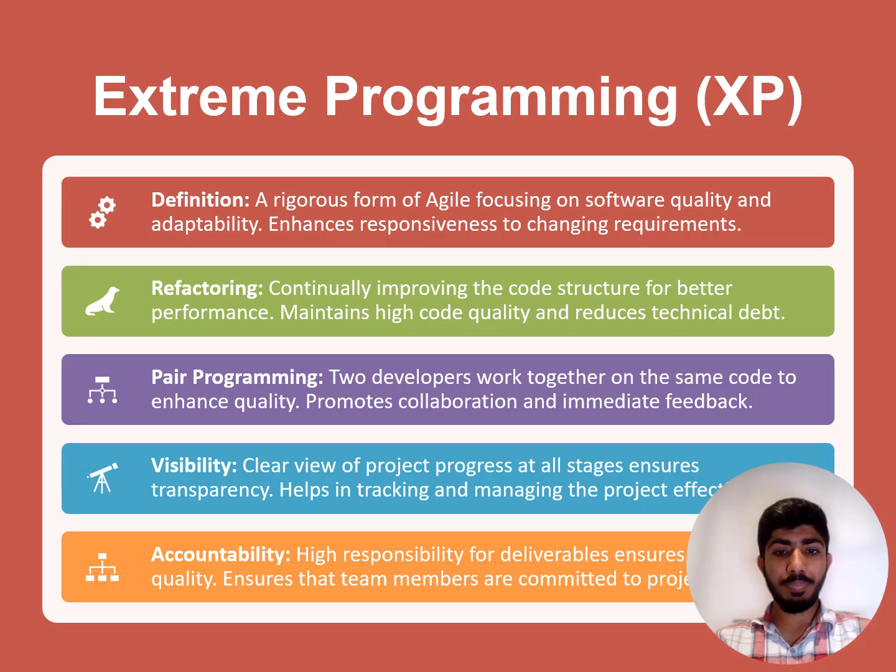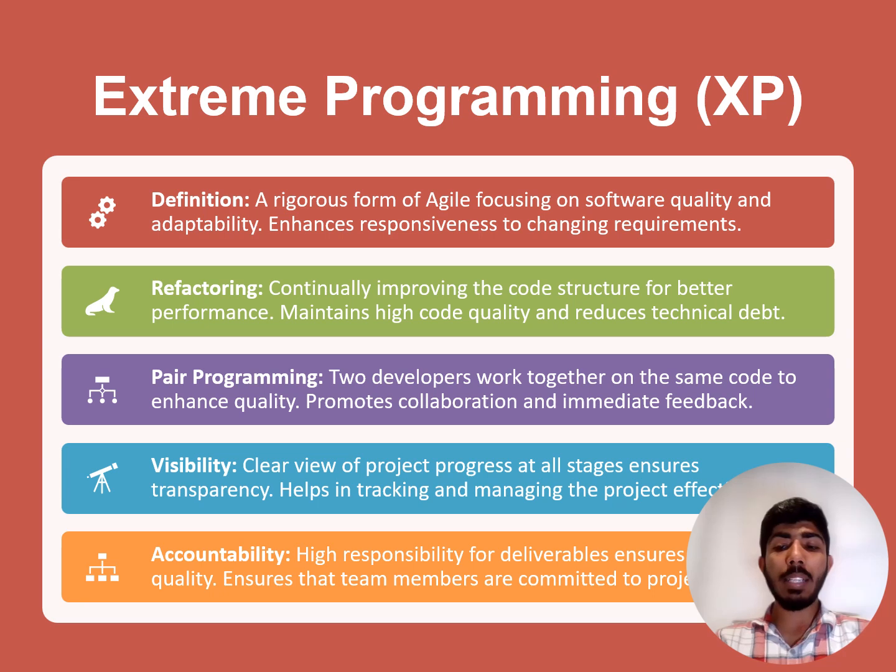Let's talk about extreme programming, XP. It is a rigorous form of agile focusing on software quality. It is like going the extra mile to ensure your Lego castle is not only big but also sturdy and beautifully designed. XP involves practices like refactoring, which means continuously improving the code structure.